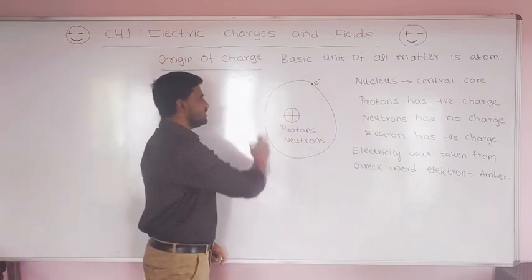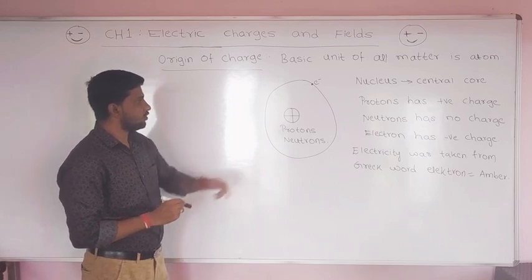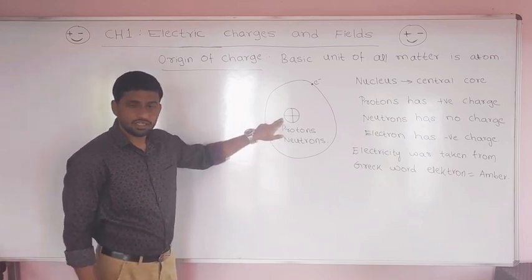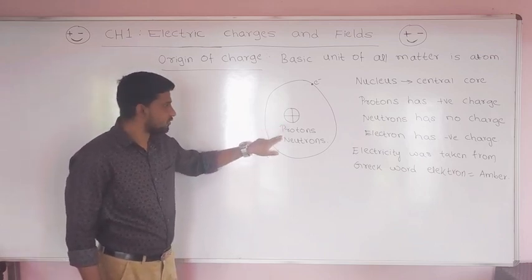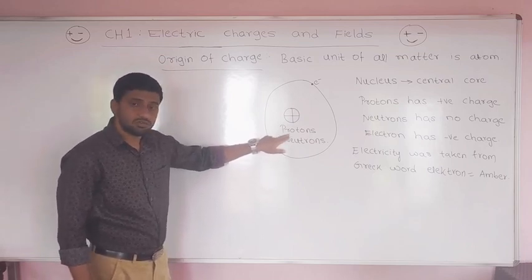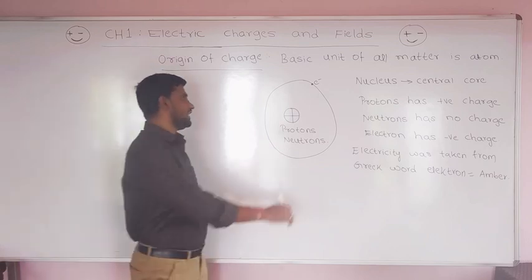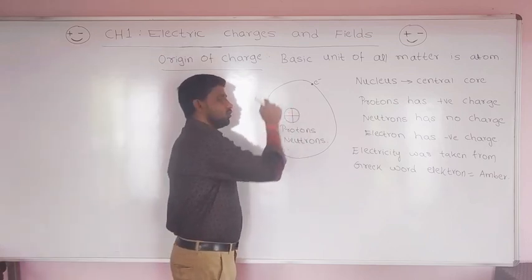So this is a single atom. The single atom consists of the central core, which is called the nucleus. In that nucleus there are protons and neutrons. Protons are positively charged particles and neutrons have no charge, so the net charge on the nucleus is positive.